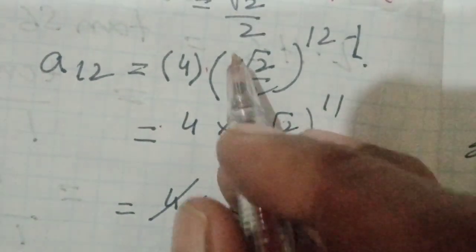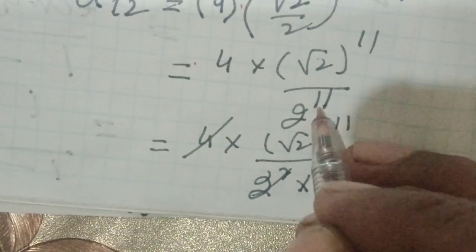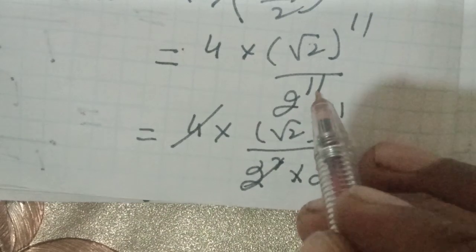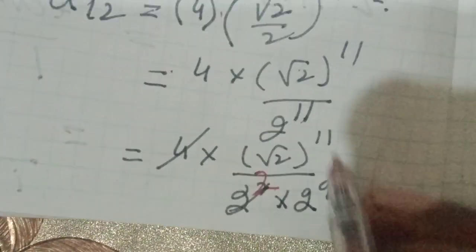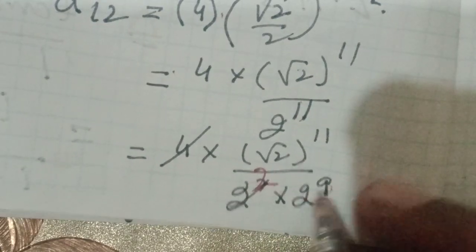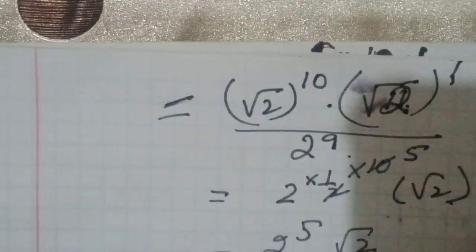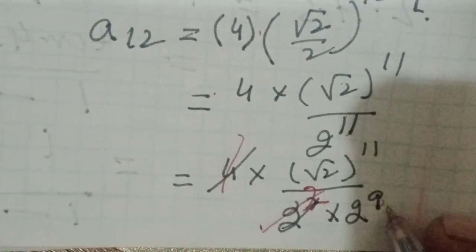Now I am separating the power: under root 2 to the power 11 and 2 to the power 11. From the 2 to the power 11, I am separating 2 square, and the remaining power will be 9. So 2 square will be 4, and 4 will be cancelled out. Now you have under root 2 to the power 11 divided by 2 to the power 9.